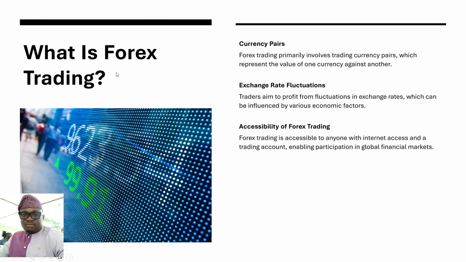So what are the things that we do in forex trading? Currency pairs. Forex trading primarily involves trading currency pairs. I talked about it: it involves two currencies, and they are treated as one in forex trading, which represents the value of one currency against another. There's no way you're going to value a single currency without referencing it to another currency.